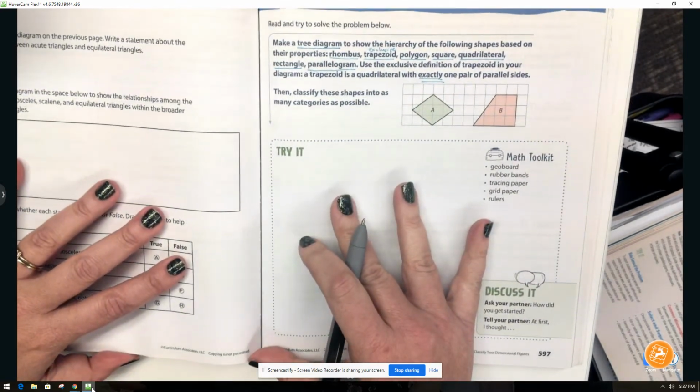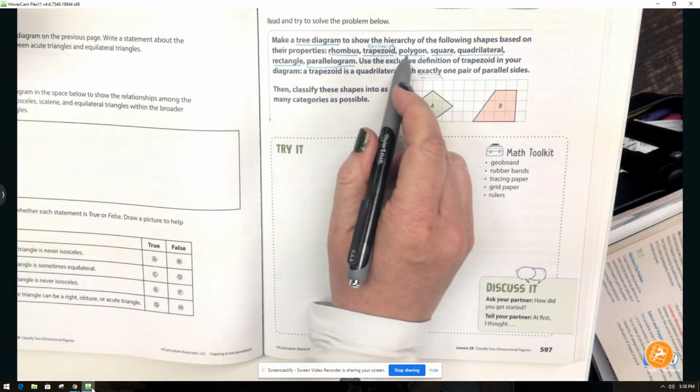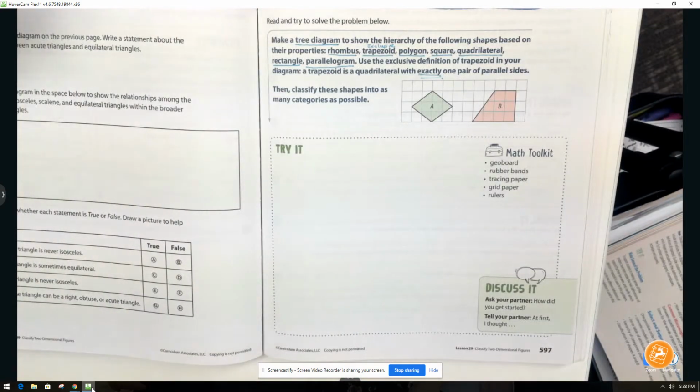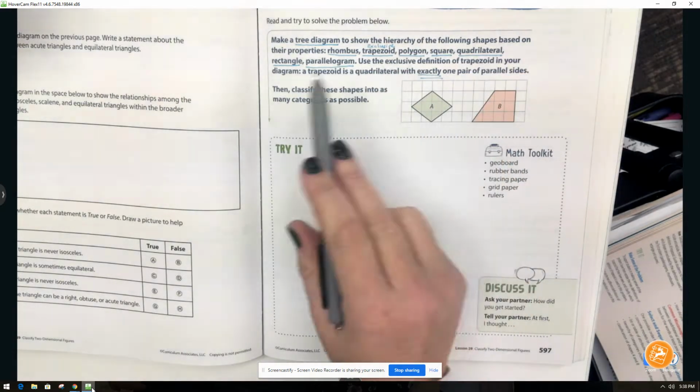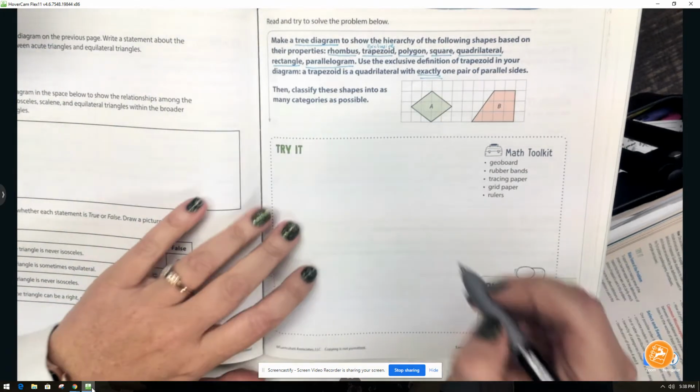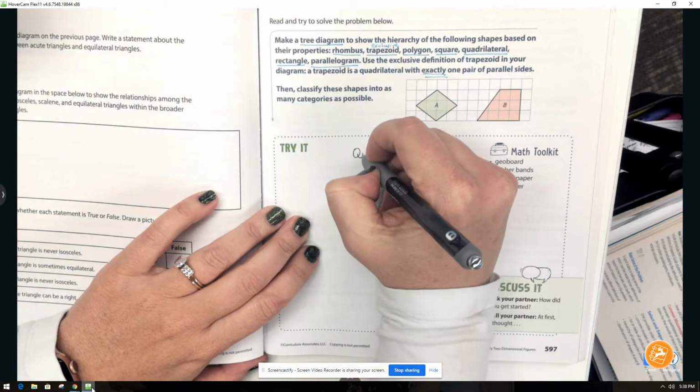Now we need to start with what of these shapes listed above is the most general. It's the one that's always at the outermost oval that we work with. And we've been doing this for quite a few days now. So you should know what is the most general shape we have that's listed here. That's right, it's the quadrilateral.